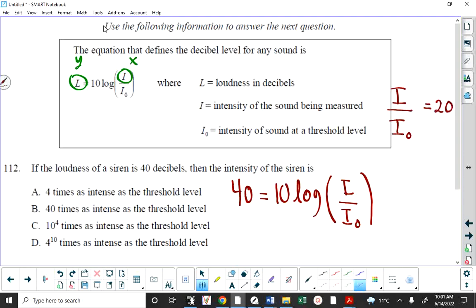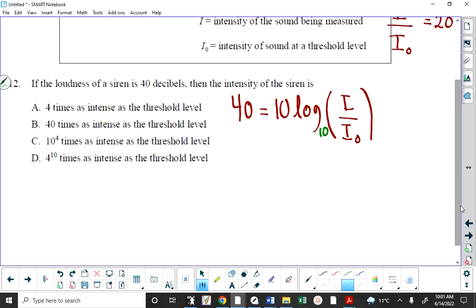If it were 20, that would mean the intensity of the sound is 20 times greater than that threshold intensity. So once you wrap your head around that, and also once you remind yourself that this is a base 10 logarithm, it's just a matter of rearranging for what's in brackets. I need to divide both sides by this 10 to get 4 equals log base 10 of what we're after.